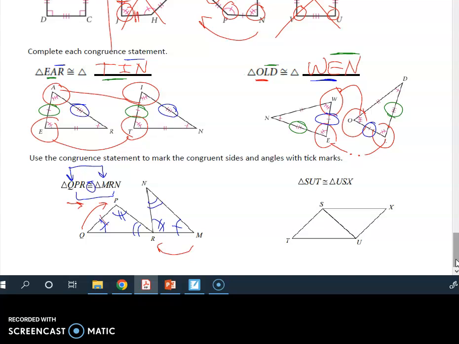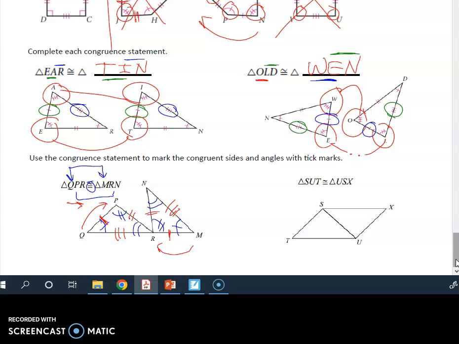So QP being the first two letters, and MR being the first two letters, get marked the same. And if I go clockwise, PR and RN will be marked the same. And then the last letters, QR and MN, would get marked the same.